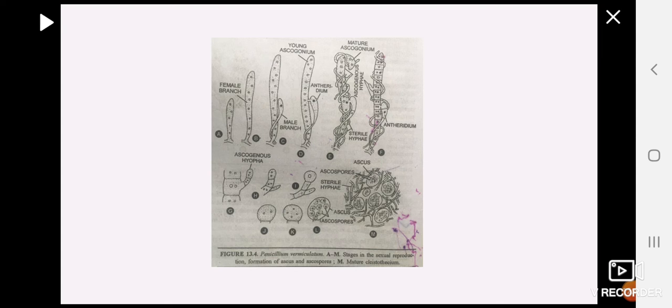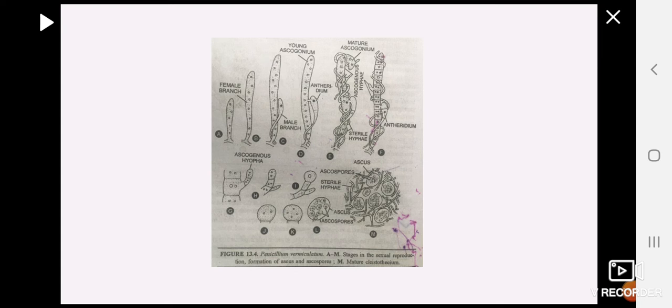And now the antheridium also develops as an antheridial branch, which is close to the ascogonium. Either the antheridial branch arises from the same mycelium or from another mycelium. This antheridial branch is uninucleate. It elongates and coils around the ascogonium.